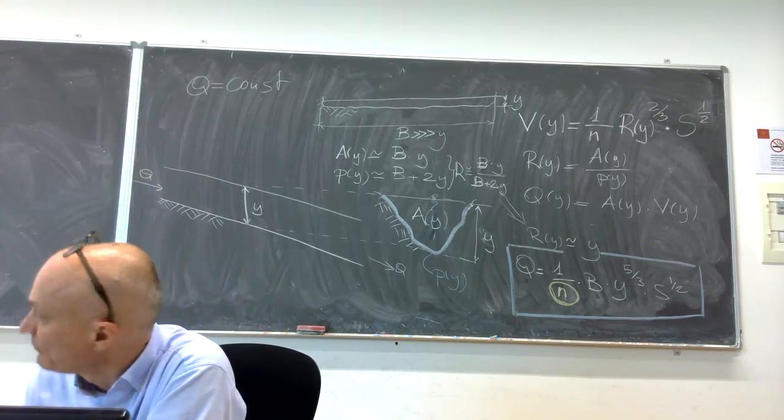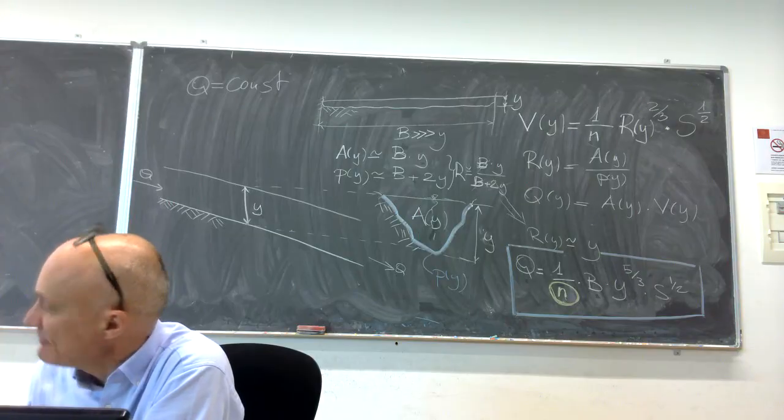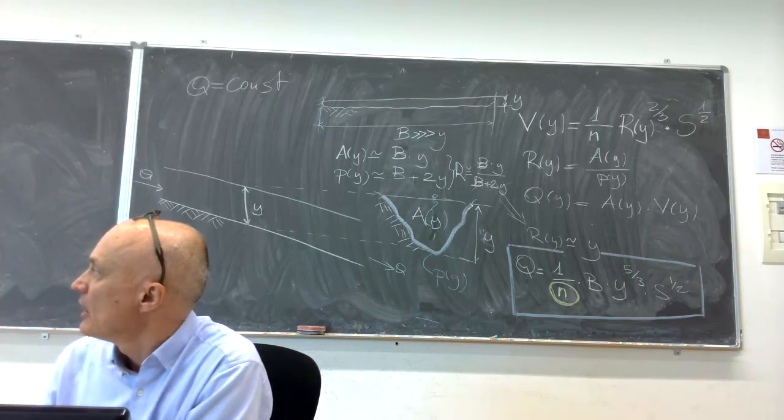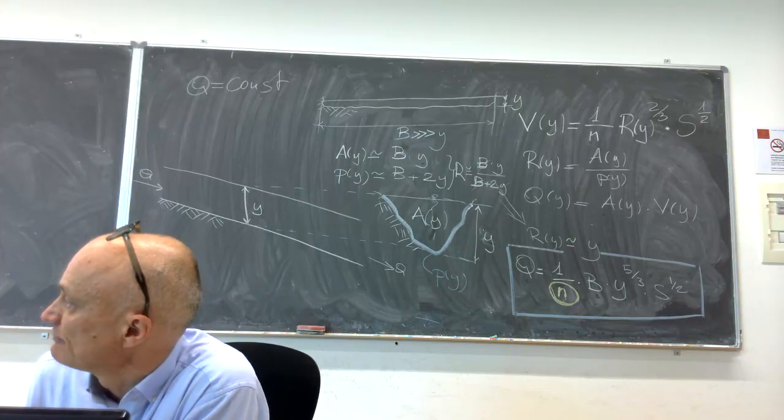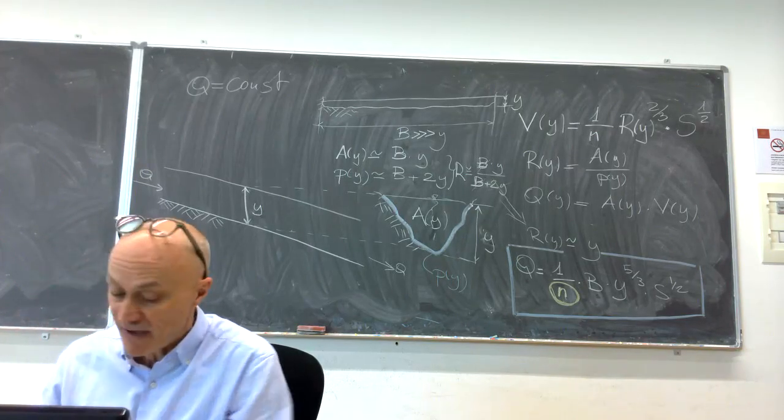Okay, so we have this value. The first thing we could compute would be the average velocity in meters per second. Tell me, what do I have to write?